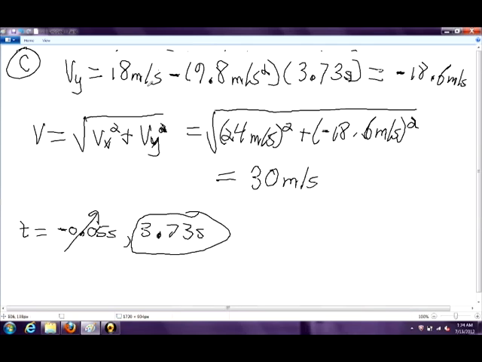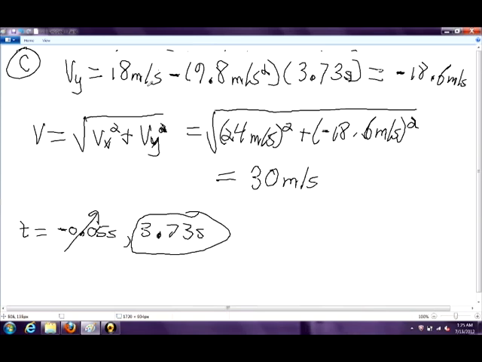Alright, so it was hit at a velocity of 30 meters per second at t equal to 0, and at t equal to 3.73 seconds, which is the second time that the ball was at the same level at which the bat hit it, it was back down to 30 meters per second.